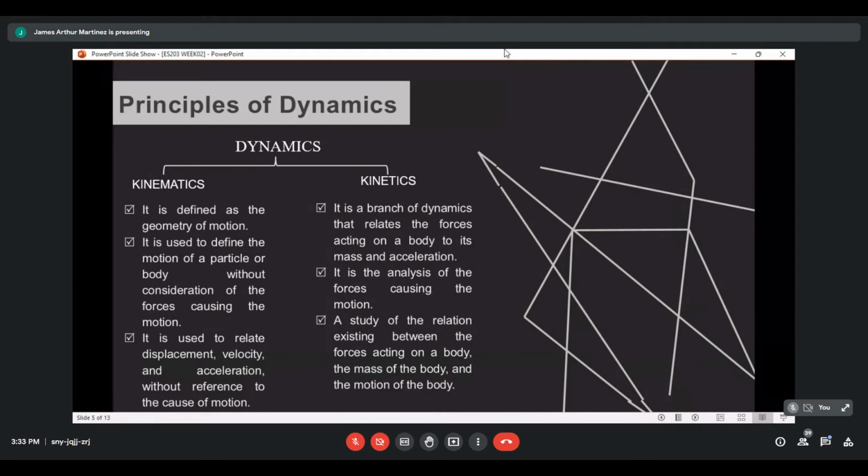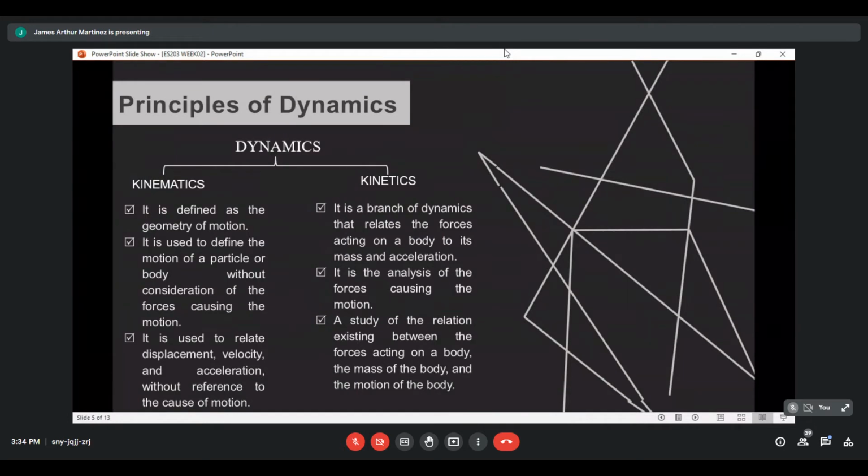I know you are familiar with Galileo, but Newton actually learned the concept from Galileo. Since Galileo came first, Newton built on Galileo's studies and experiments, and then he created his three laws of motion.